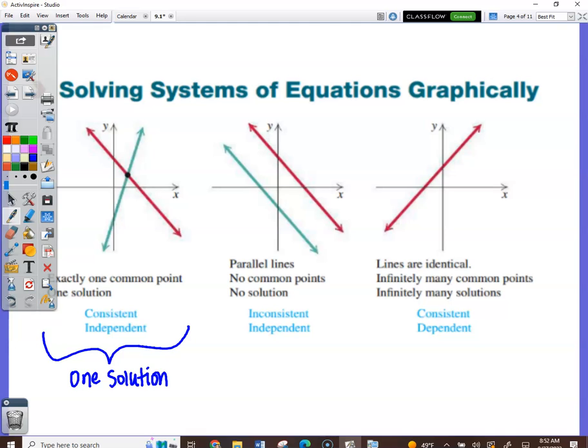The vocab behind it, and this is what is annoying in my math lab, they are going to push you to know these vocab words. The vocab behind this example is the system is consistent and the equations are independent. These are the vocab words. Let's highlight it and then I'll explain it.